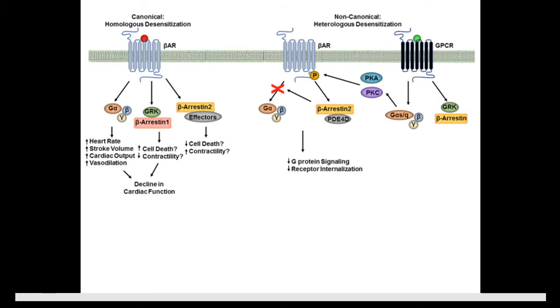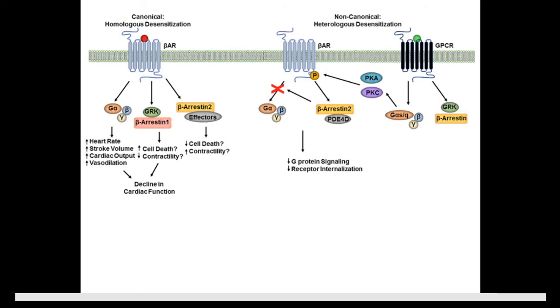In this process, the signal is passed to all types of G alpha, gamma, beta, the receptor site, and then it passes the signal to GRK, and it's conveyed. There is a decline in cardiac function. It increases the blood pressure and causes cardiac decline.